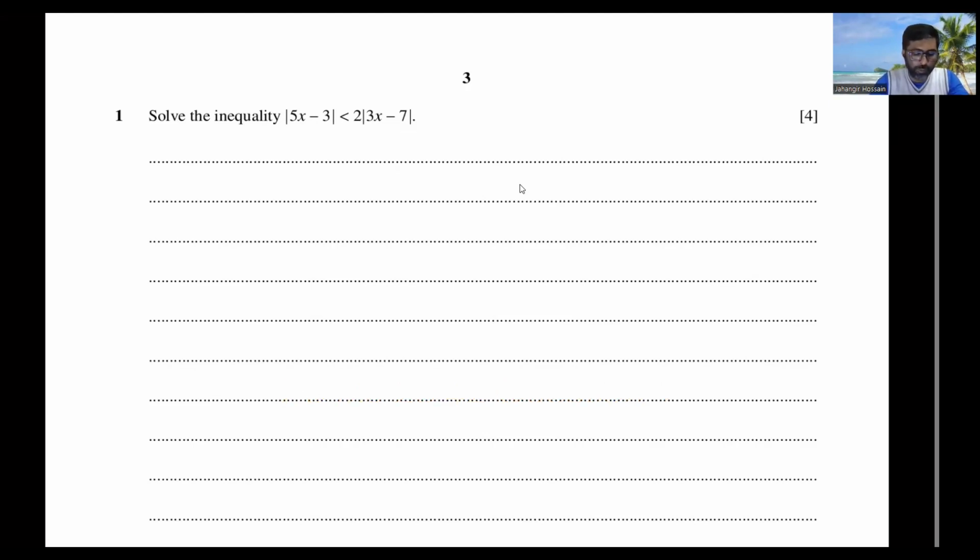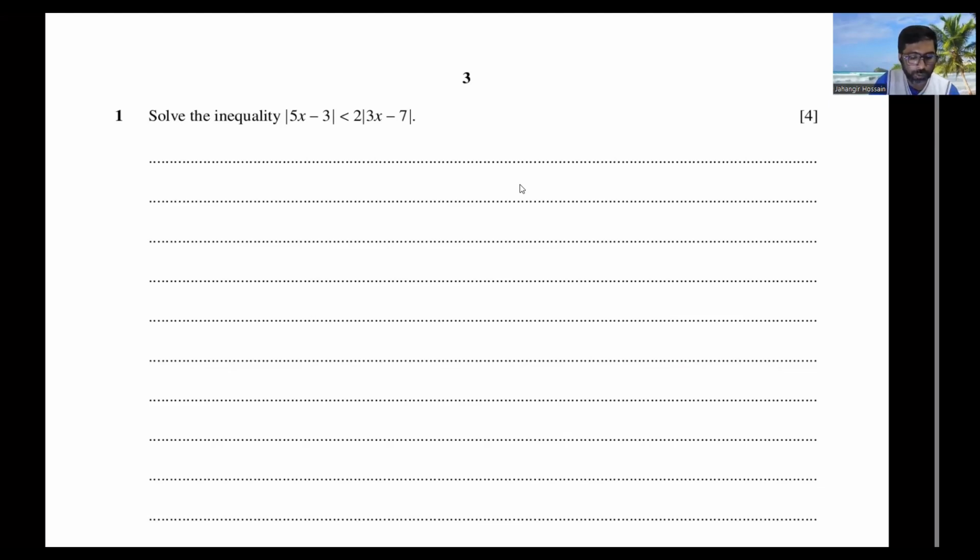The other one is the algebraic method, squaring on both sides to remove the modulus sign, then solve that quadratic inequality.